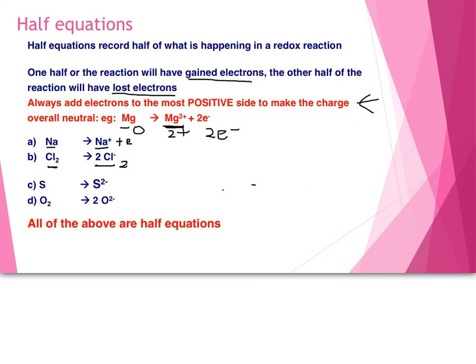Because there's 2 negative charges on that side and 0 charge on this side, which is the most positive side? That's right, it's the left. So we have to add electrons to the left to make it the same as the right charge, so overall it's neutral. If I've got 2 negative on this side, I have to add 2 electrons to this side.